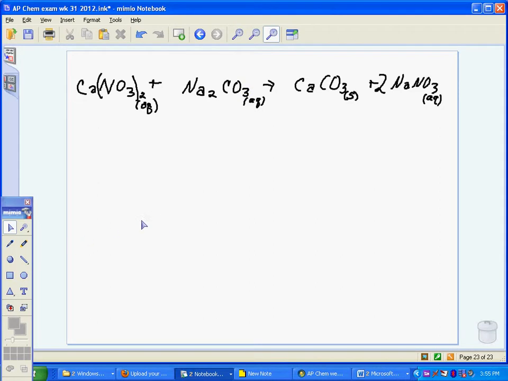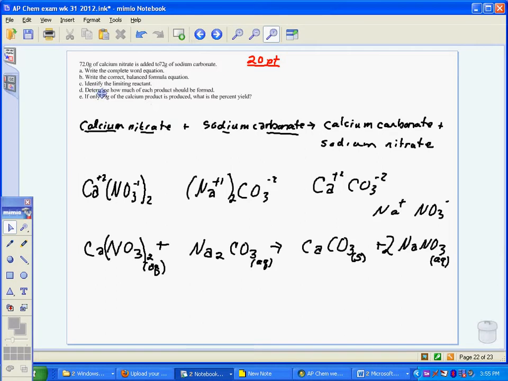Alright, now the next part of our problem, we've got 72 grams of each of these things added together. This is turning into a stoichiometry problem. We want to identify the limiting reactant, determine how much of each thing should be formed, and then we're going to do a percent yield problem.